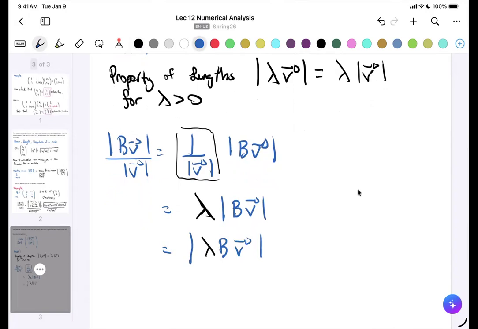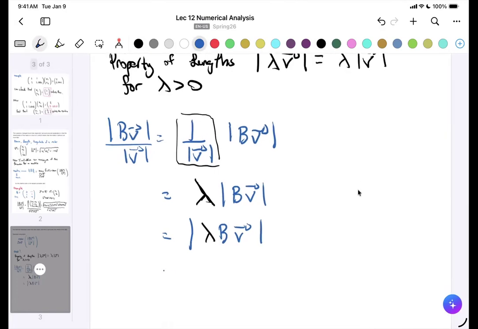So far, so good. But then lambda is a scalar and the matrix is linear. What a matrix being linear means is that you can move scalars in and out. It's kind of like derivatives or integrals, where the constants come in and out at will. So you can actually put the lambda next to v. That's what a matrix being a linear transformation means. So it's b times lambda times v. But what is lambda times v?